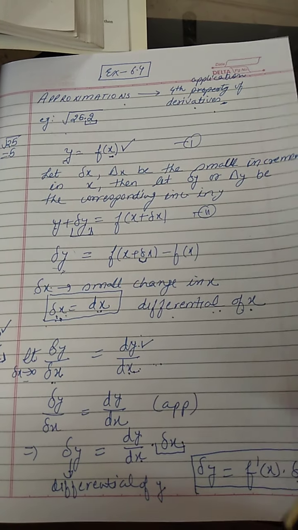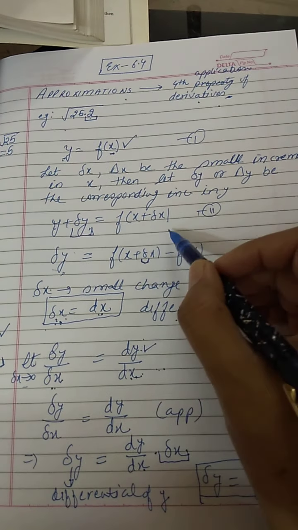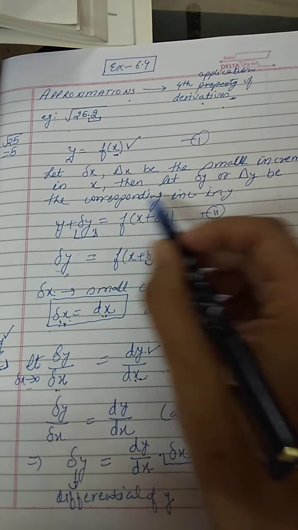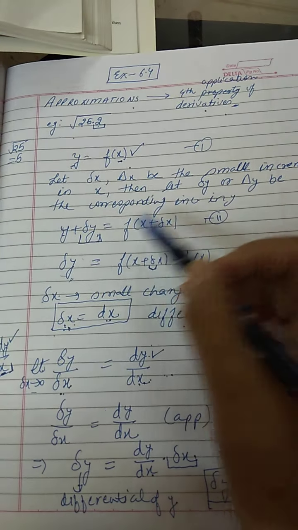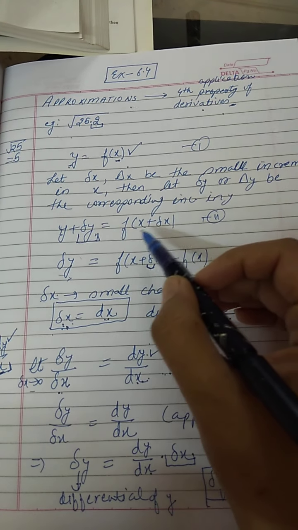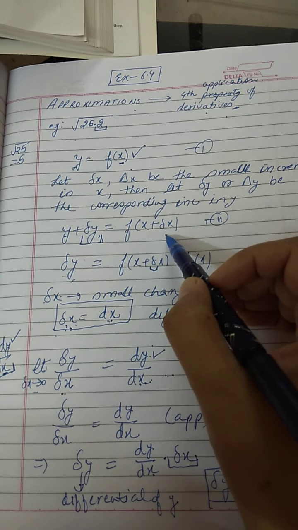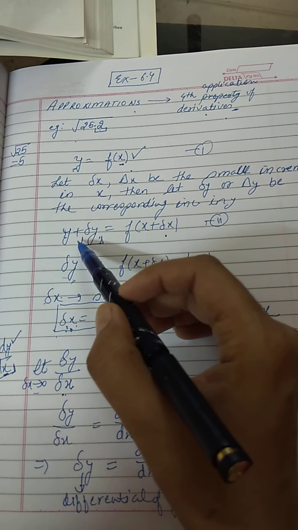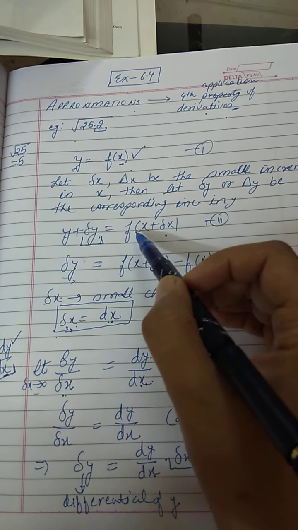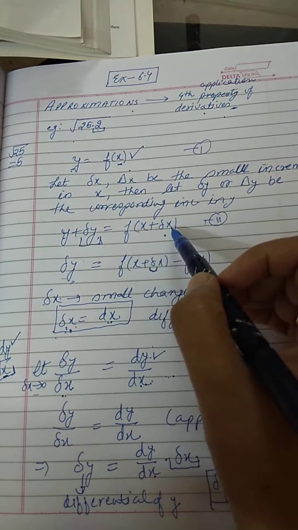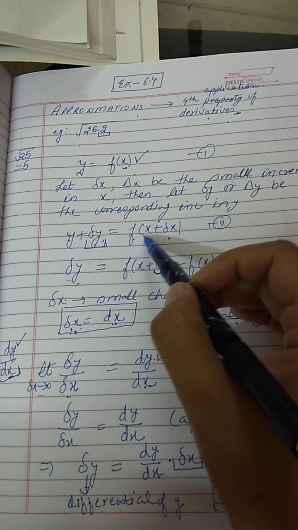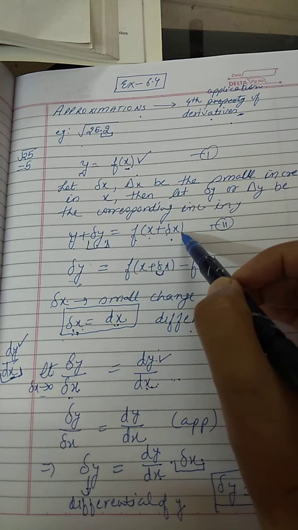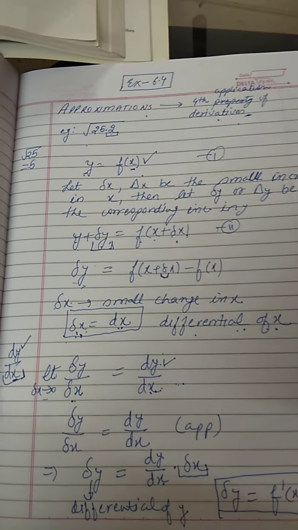Now this del y, if I substitute here, what was the second equation? The first equation was the function as such, but in the second equation we have said that when there is change in x, what is the new value of y? Because as x changes, what is the new value of y? That is y plus del y equals f of x plus del x, right?